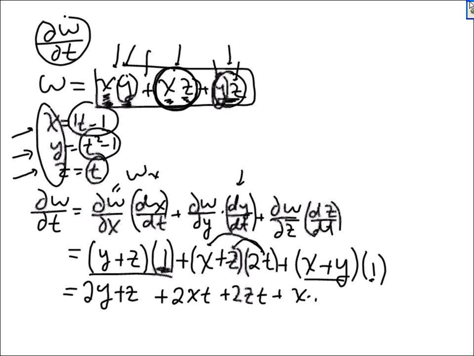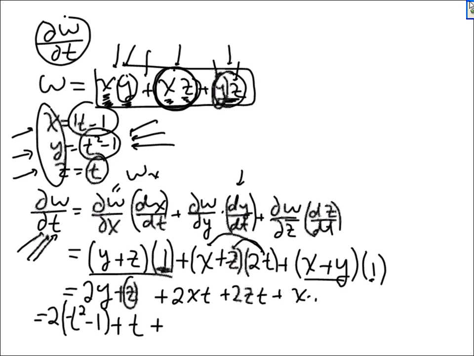And the calculus is now done. But we have x's, y's, and z's. My goodness. We would just like to have t's. So you get 2 times y. Reading our translations on top, y is t squared minus 1, plus z, which is t.